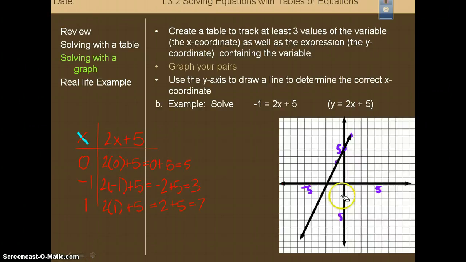We can see when y equals -1, our x value is here at -3. We've just found out that this is true when x equals -3.